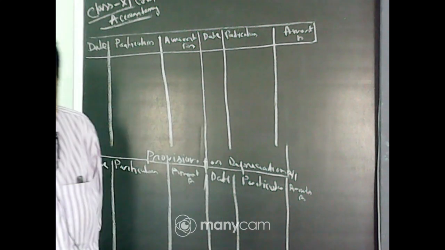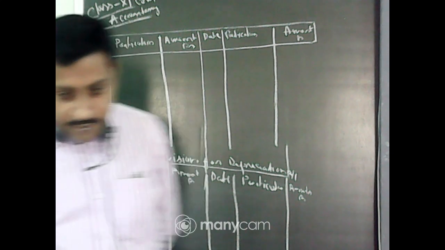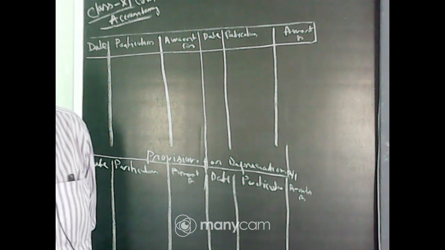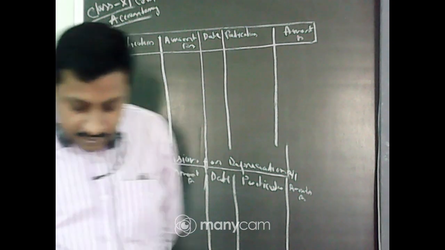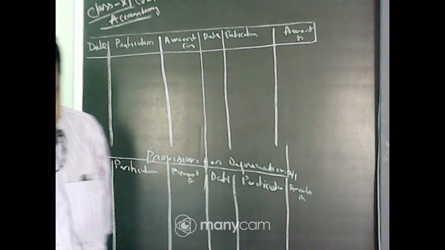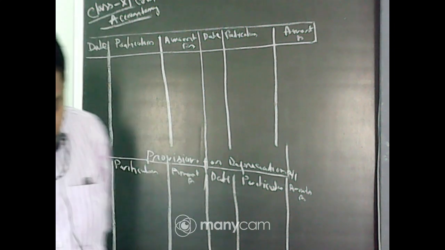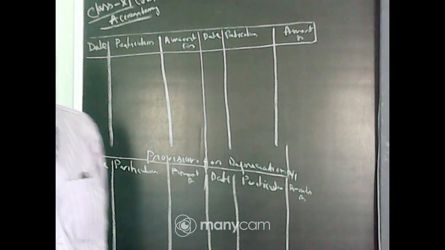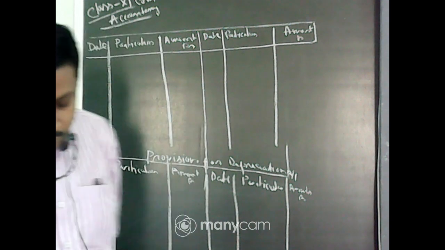So both are cost, and both will be treated as the purchase value. The depreciation is written off at 15% per annum on the straight line method. Now the depreciation rate is 15% and the straight line method will be followed.